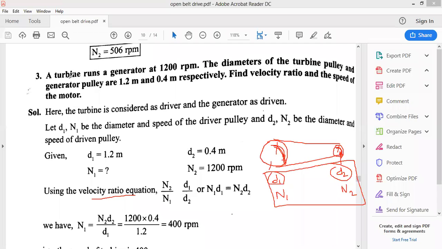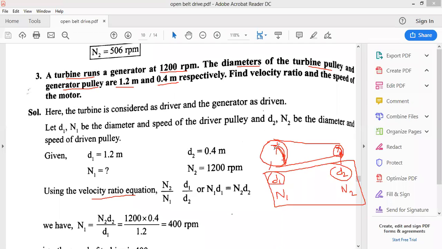Here we have a turbine that runs a generator at 1200 rpm. The diameters of the turbine pulley and the generator pulley are 1.2 meters and 0.4 meters respectively. So here we have a turbine.